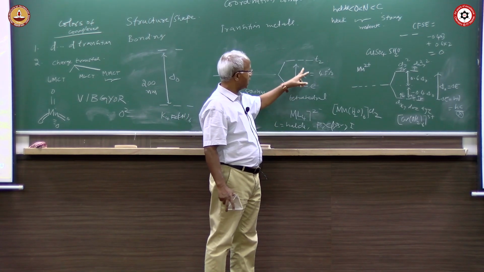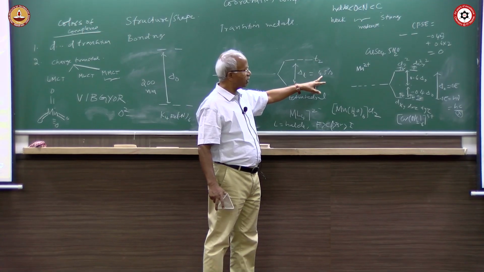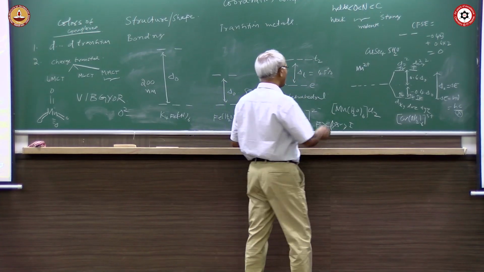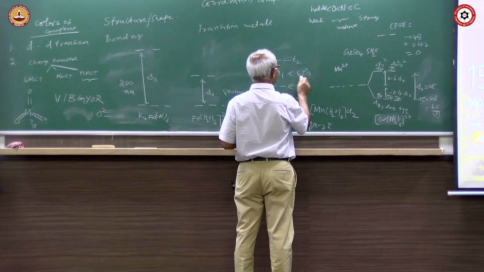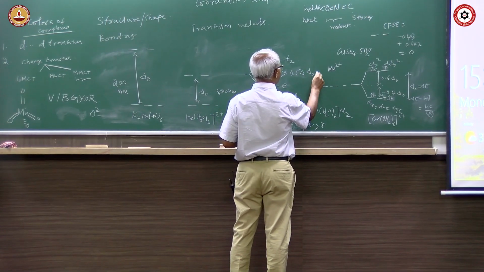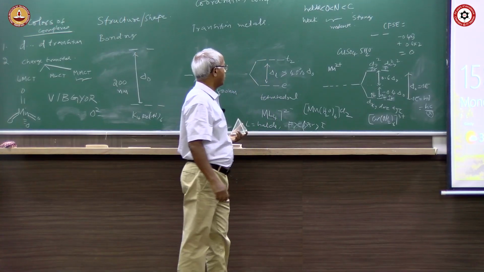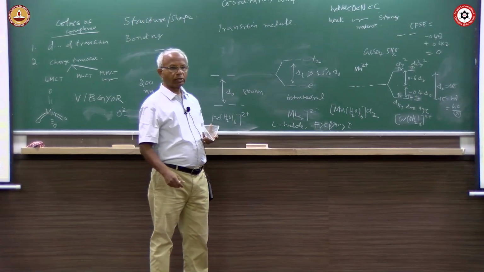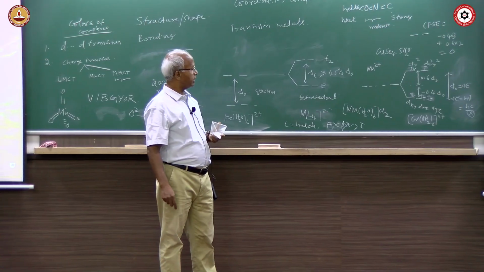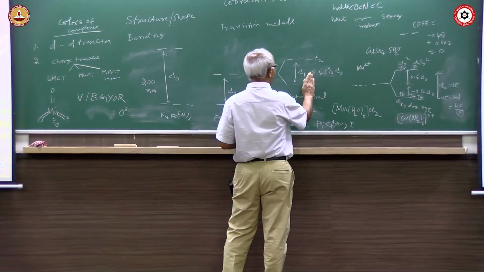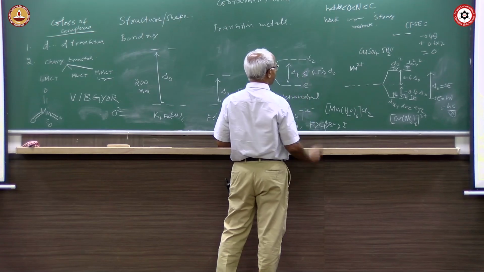So delta T is 45% less than delta O. Whatever I put should be the other way, right?